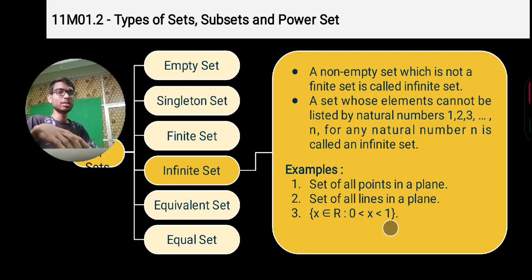Here it is saying real number, but of course here we will take rational numbers. Rational numbers between 0 and 1, there are a lot of rational numbers. So this is a collection of infinitely many rational numbers. So this is a set. Which type of set? Infinite set.